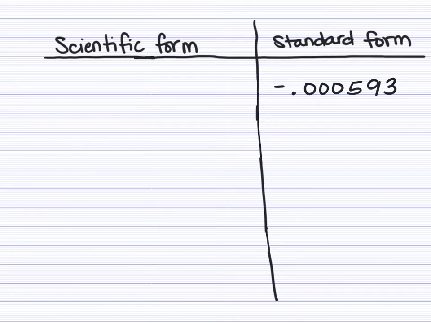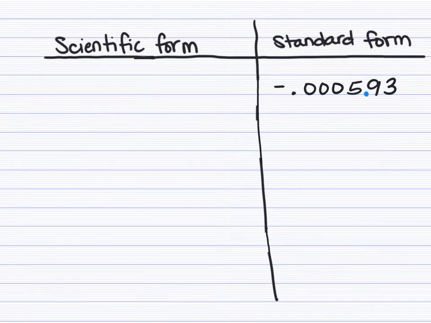And remember, we said the number in front can only be 1, 2, 3, 4, 5, 6, 7, 8, or 9. So that's the only thing that we can have in front of the decimal. So I'm going to put my decimal here so that the number in front is a 5, a single digit number. What comes after doesn't matter.